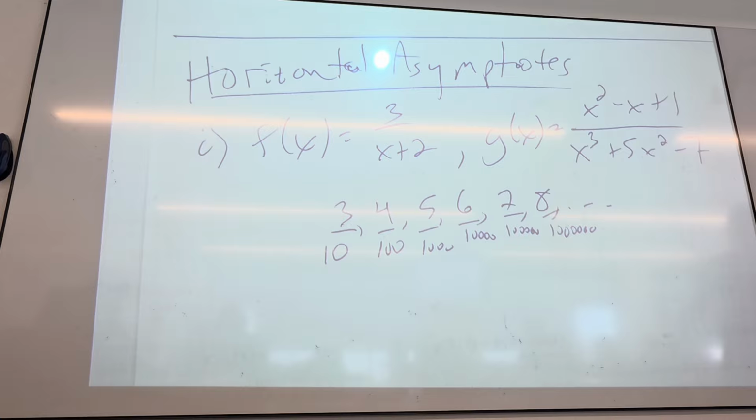Is that true? Yes. Overall, what's happening? Are the numbers 3/10, 400ths, getting bigger or smaller? Smaller. It's smaller because the bottom's growing so much faster. I'm dividing by something that's getting way too big. The top can't keep up. Are you guys at all with me?